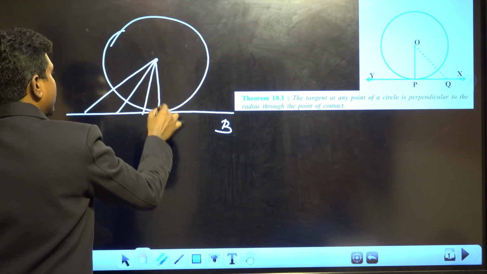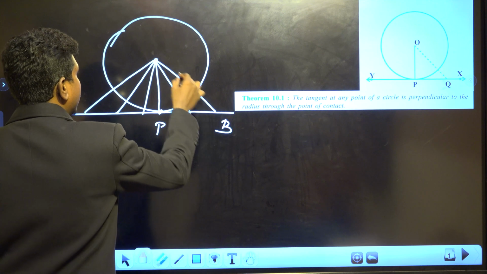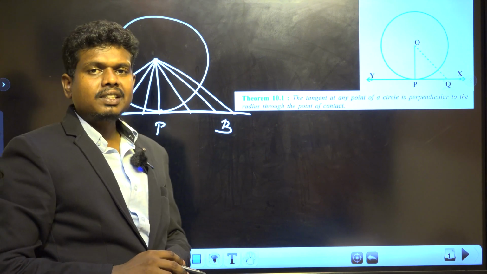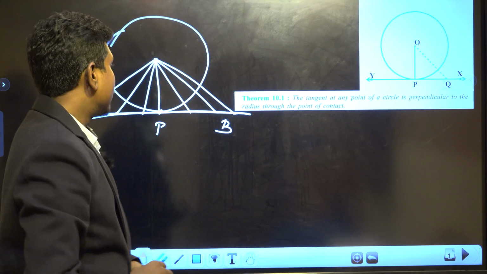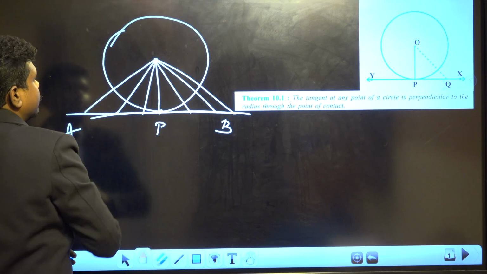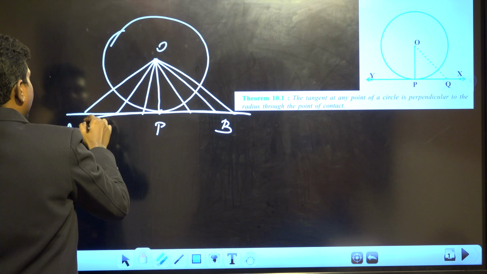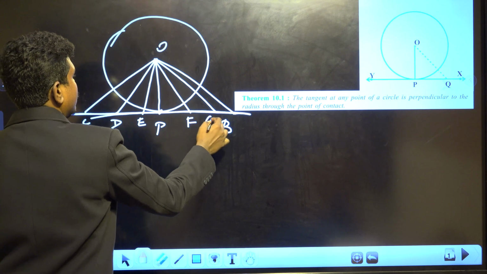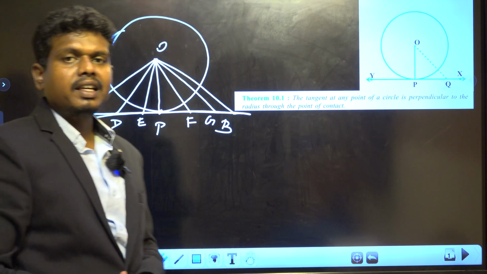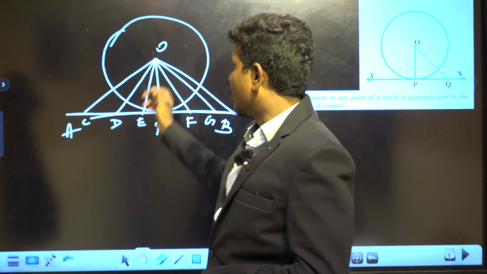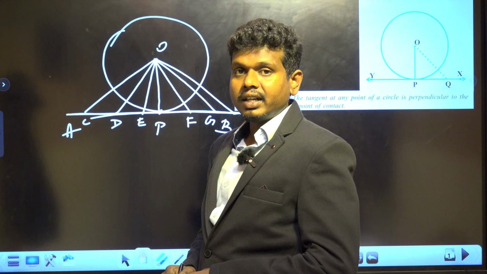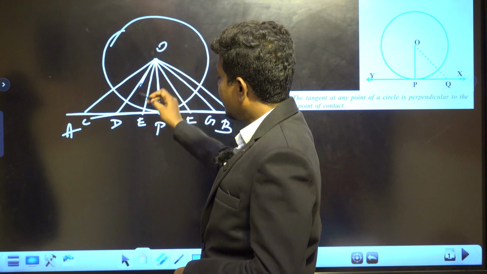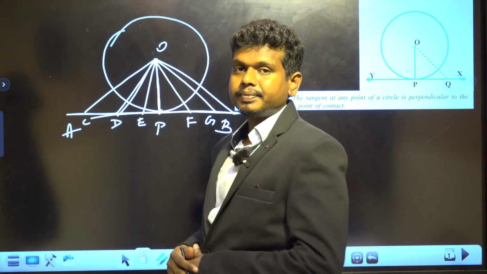So there are a number of lines touching the tangent AB. From this diagram, I can see that the lengths of the lines, naming them O, C, D, E, F, G, OC is longer than the length OP, and OD is also longer than the length OP.